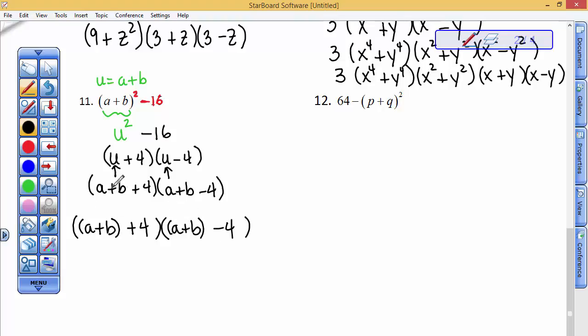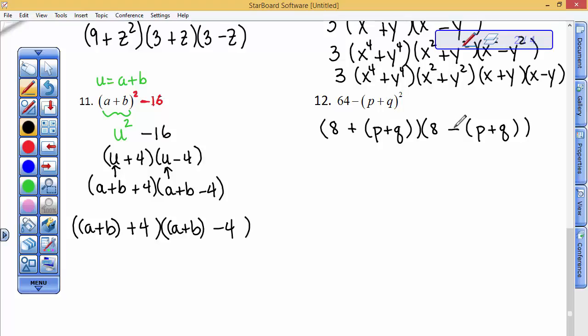On the other hand, when I do number 12, I'm going to open up two sets of parentheses and put an 8 in the front of each of those because the square root of 64 is 8. In one of them, I'm going to put a plus sign, and the other one, I'm going to put a minus sign. And inside the parentheses, I'm going to put p plus q, because p plus q times p plus q is p plus q squared.